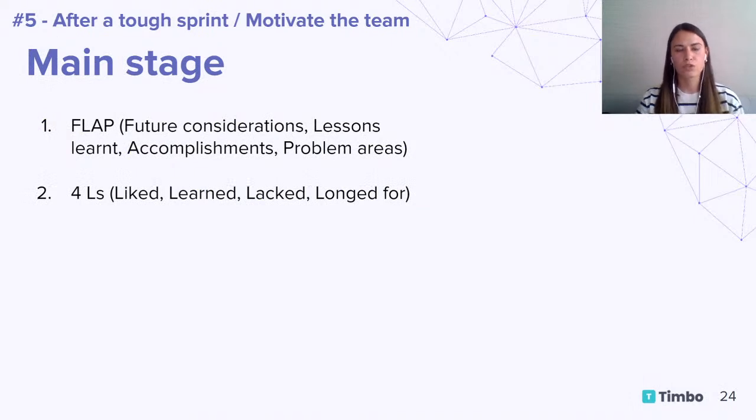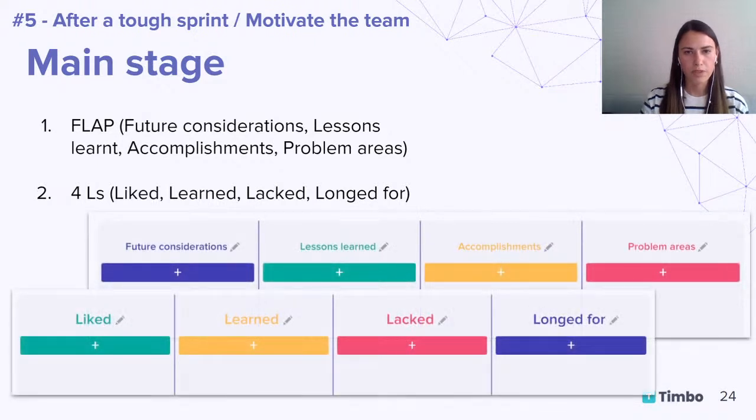Let's look at those two techniques in a little more detail, because you might not have seen them before. So what is FLAP? It's future considerations, lessons learned, accomplishments, and problem areas. The main thing here is that you have the lessons learned, so that you motivate the team to look at everything that happened from a lessons learned perspective, so that this wasn't something very bad, but this is our experience, this is what we've learned, this will stay with us for the next sprints.